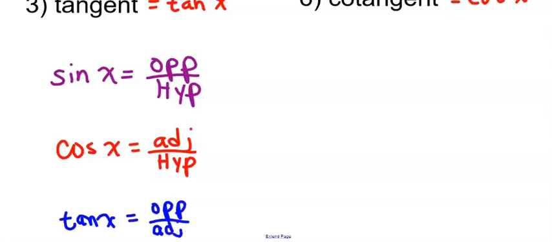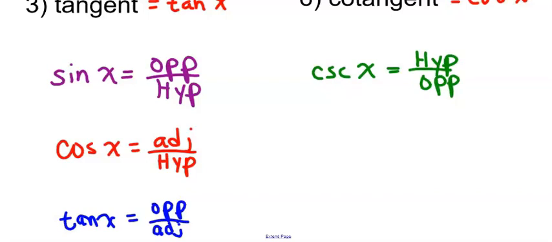Now, you should have hopefully learned, again in Math 3, that secant, cosecant, and cotangent are the reciprocals, or the flips, of these. In other words, for cosecant, it should be hypotenuse over opposite. So we flip the fraction for sine. For cosine, the opposite of that is secant, or the inverse, or reversed.